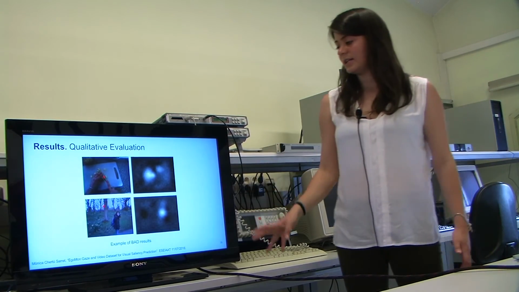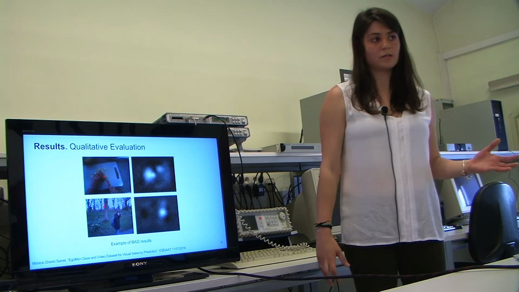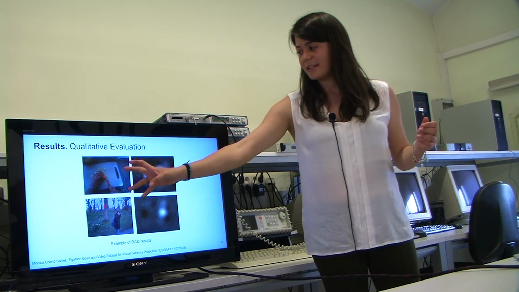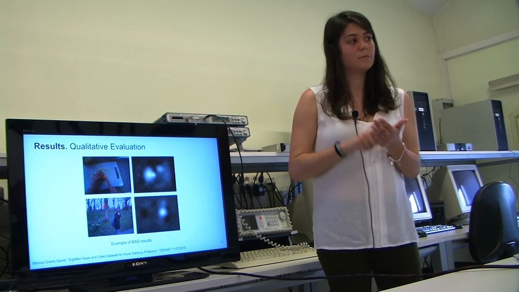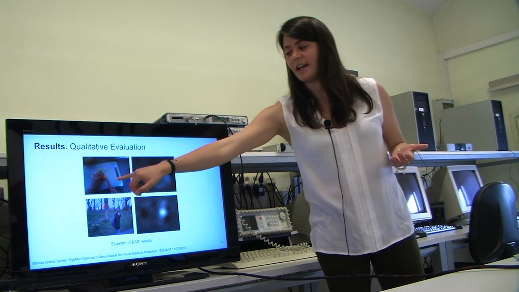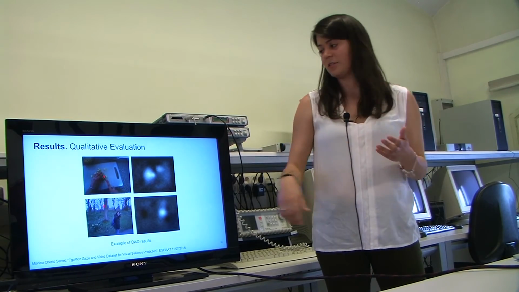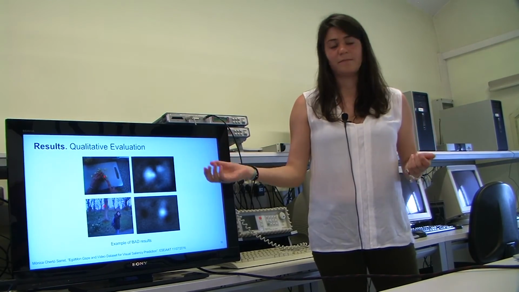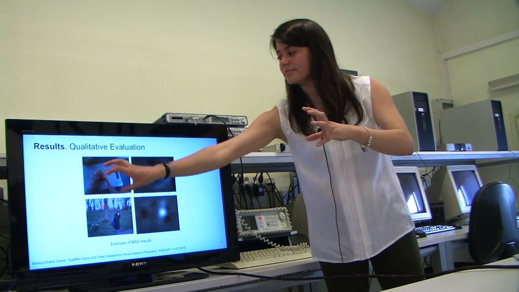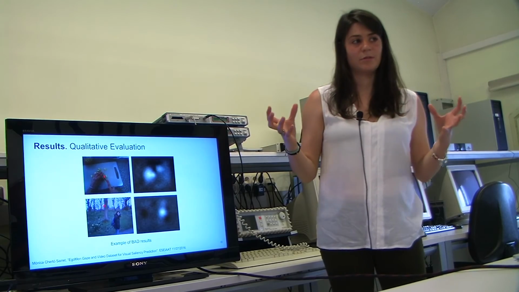But here we can see an example of a bad result of the comparison metric. In this specific case, the wearer of the glasses was cutting potatoes, so his point of gaze was fixed on the knife cutting the potatoes. But for the saliency model, the potatoes and the hand and all this part here are the most important.